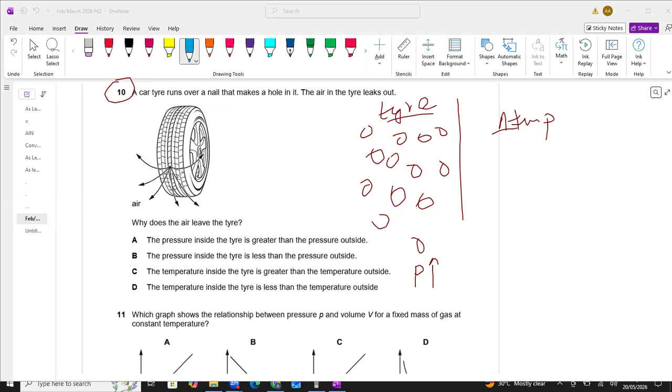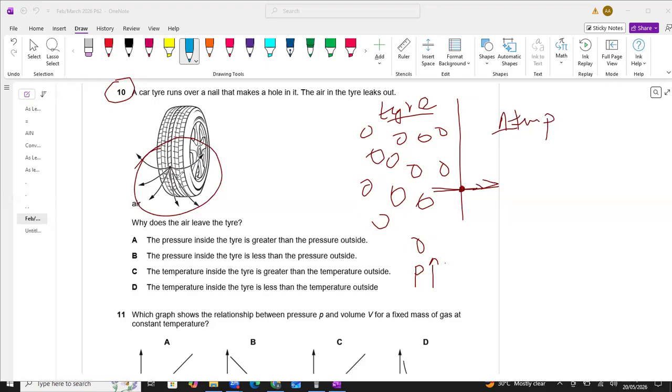All right, but if the air is moving outside as mentioned in the diagram, it means that from this hole the air particles are moving outside. So it means that the inner pressure is greater and the outer pressure is lower. So that's why the air particles are moving from inside to outside, because of the pressure difference.